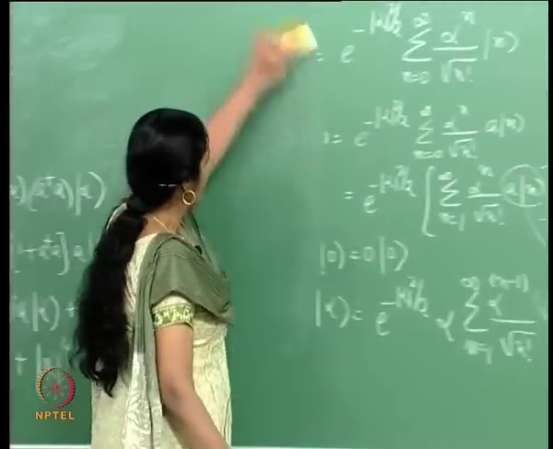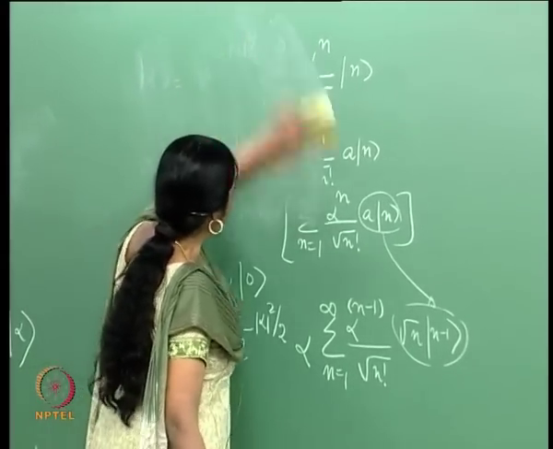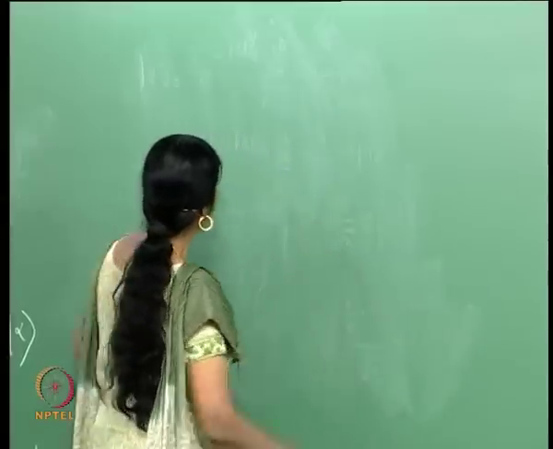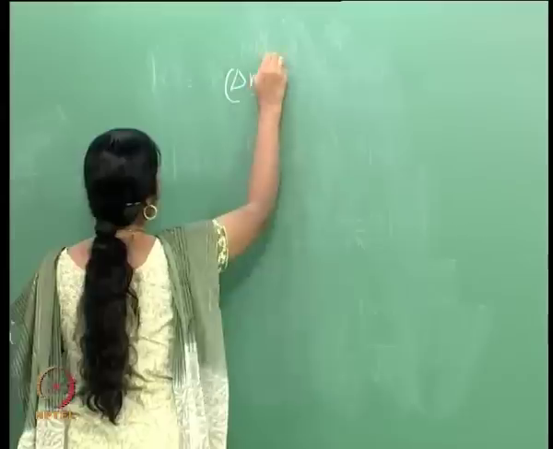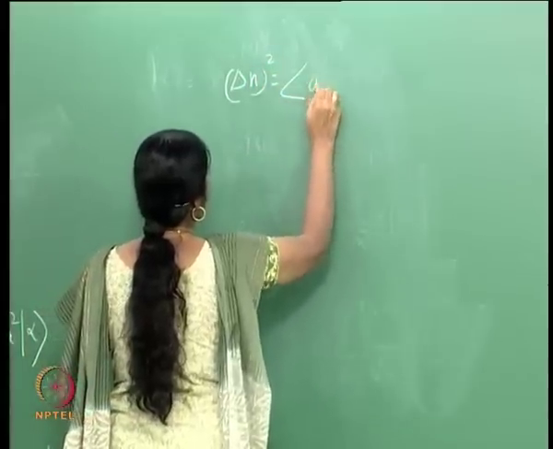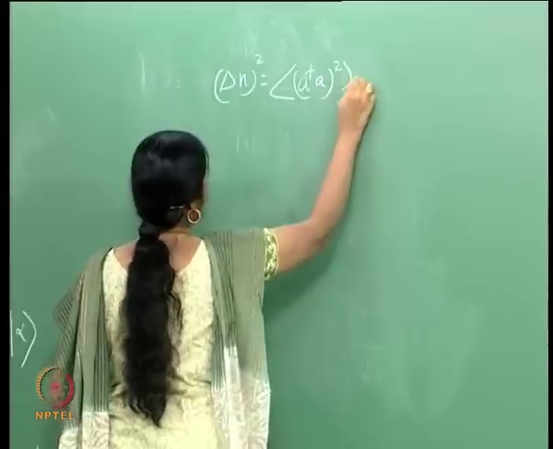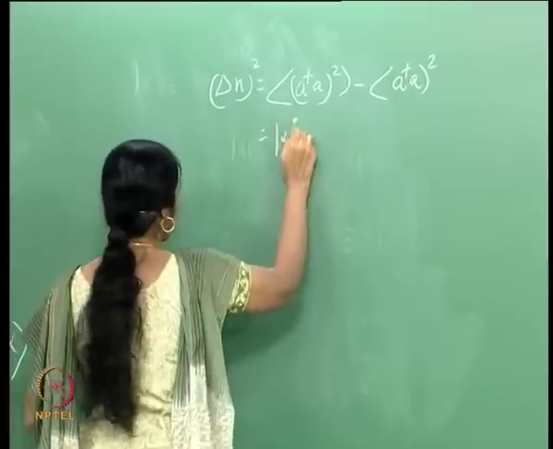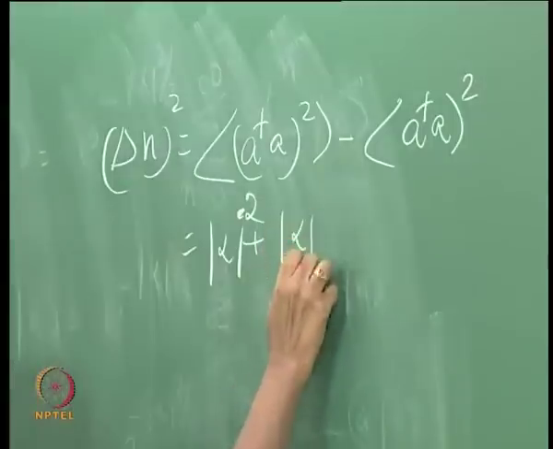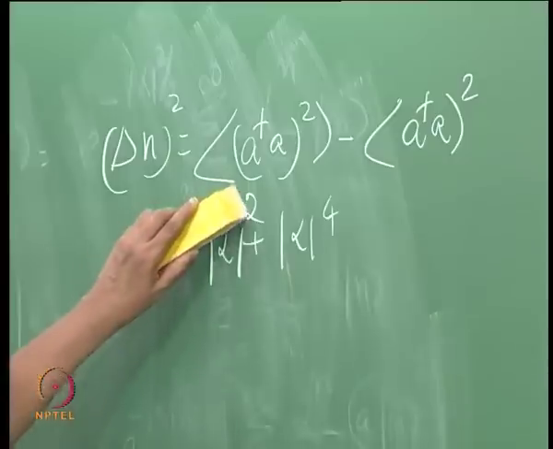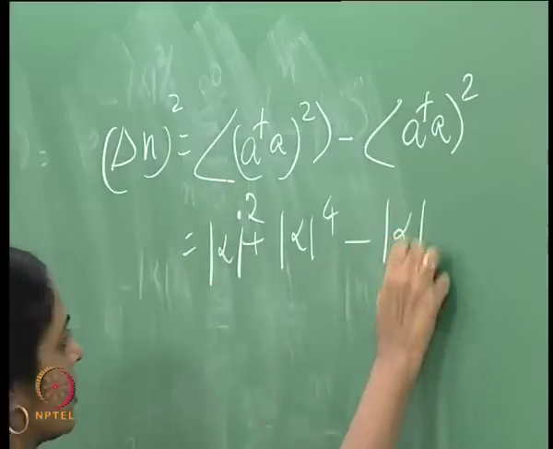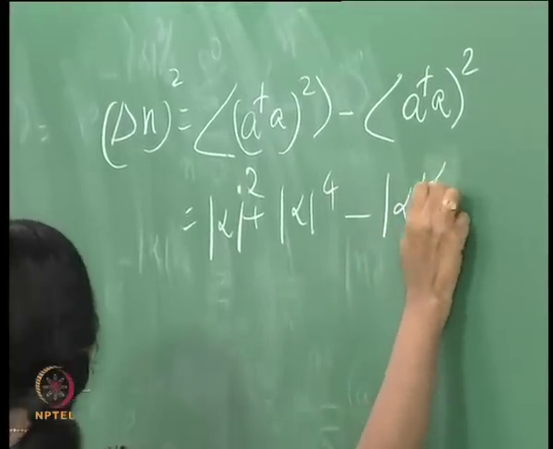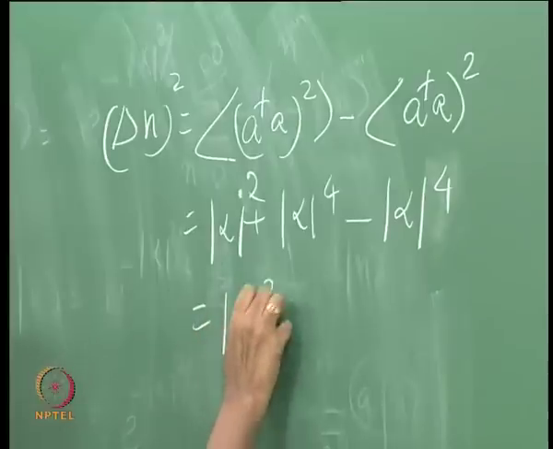And therefore, I know the variance in the photon number. So, delta n squared is expectation A dagger A squared minus expectation A dagger A the whole squared, which is mod alpha squared plus mod alpha to the 4 minus mod alpha squared minus mod alpha to the 4, and that is equal to mod alpha squared.